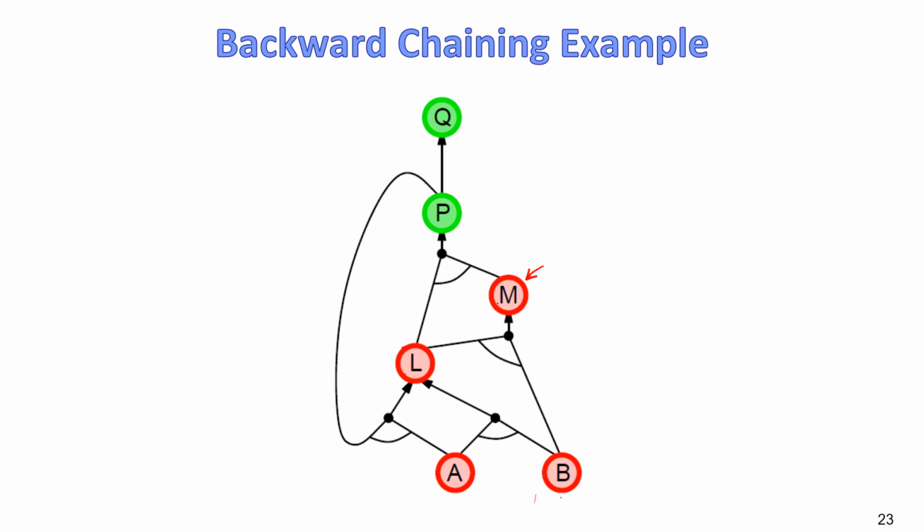Now L and M are satisfied, and B is satisfied, then Q is satisfied. So we move from up, down, and then going up again when we know that the premises are satisfied. So that's backward chaining.